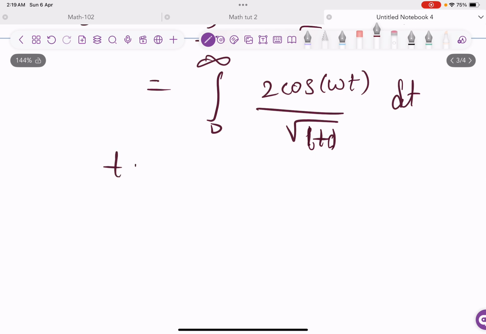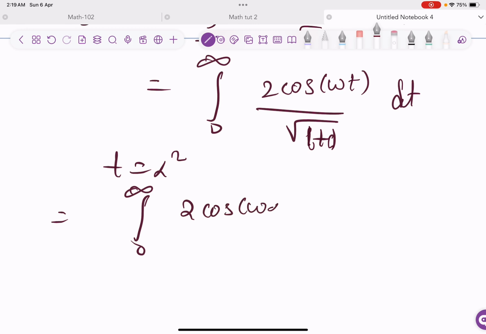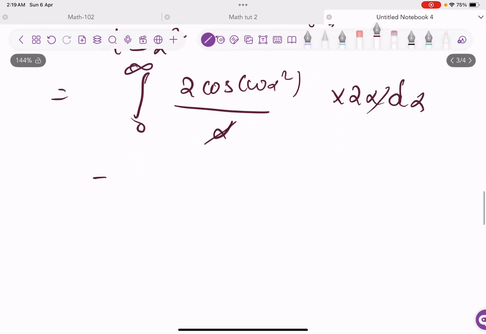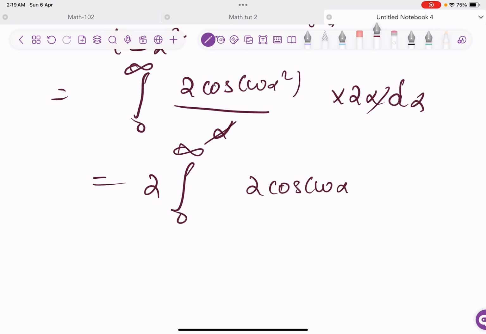Let's replace t with alpha square now. 0 to infinity 2 cos omega alpha square by alpha, and this will be 2 alpha d alpha. Alpha cancels. You'll get the integral from 0 to infinity of 2 times cos of omega alpha square d alpha.